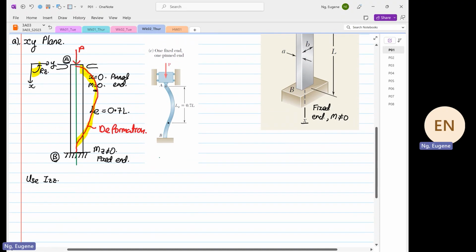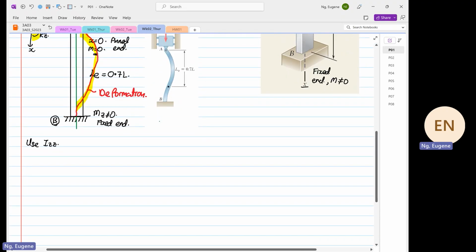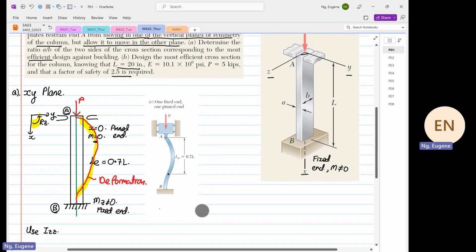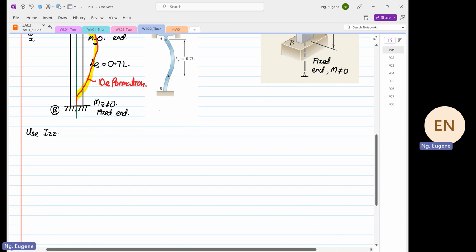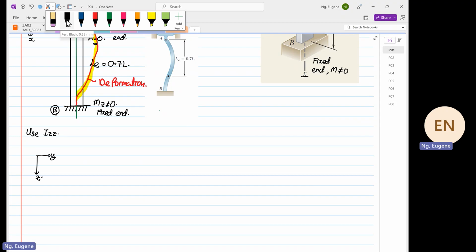So by looking at the transformation over there, IZZ, if we were to draw the cross section, I'm going to draw the cross section view now. So this is our Y and this is our Z. Okay, so I'm going to sketch out our cross section view.